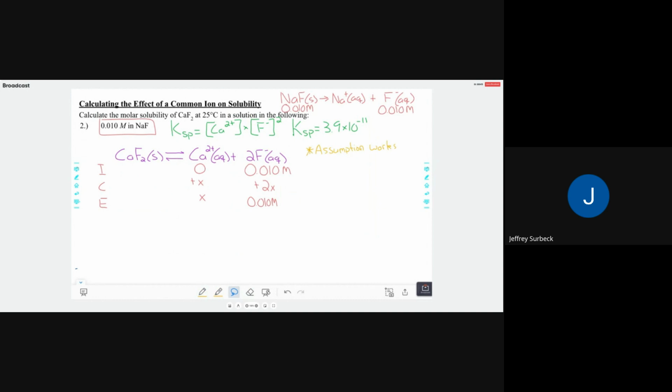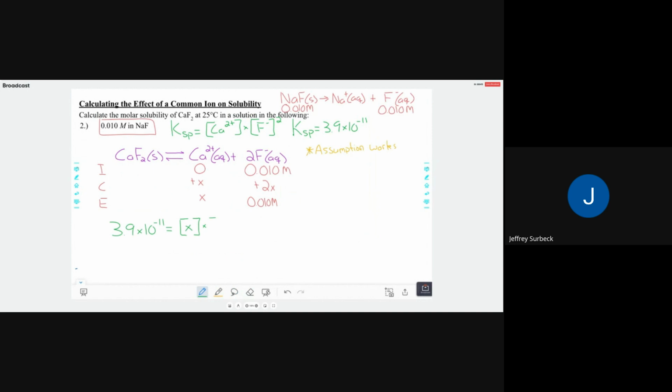Now, the way the Ksp is set up, this is going to change some things here. So we're going to solve for our Ksp and see what happens. Ksp is still that 3.9 times 10 to the negative 11th, and this is equal to our x, which we had for calcium, equal to our 0.01 after we went through our assumption.